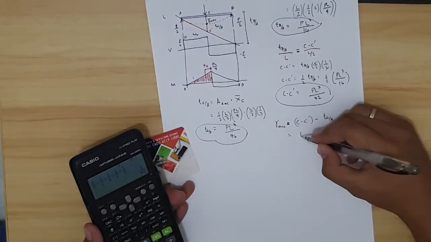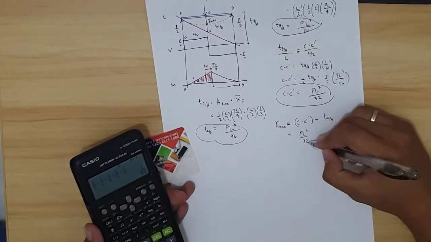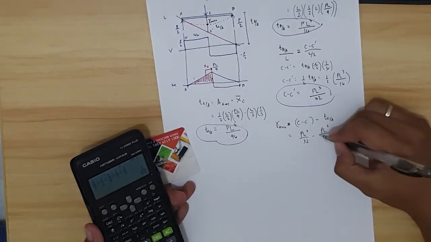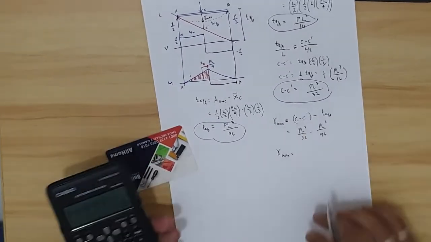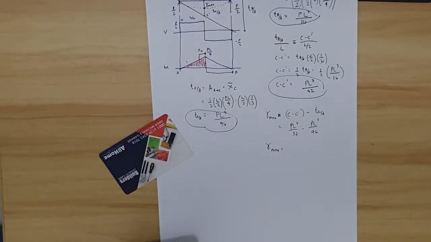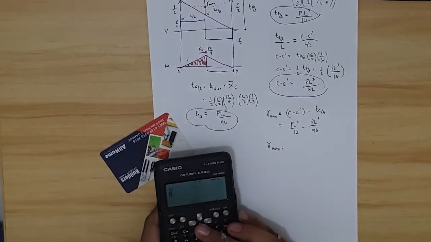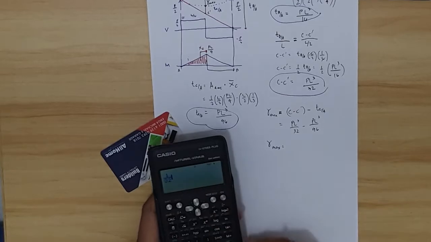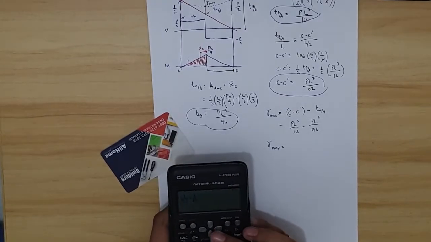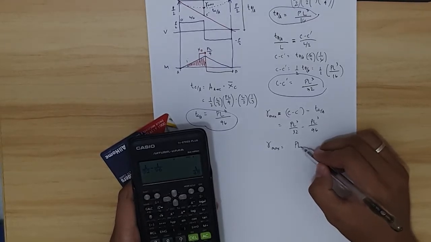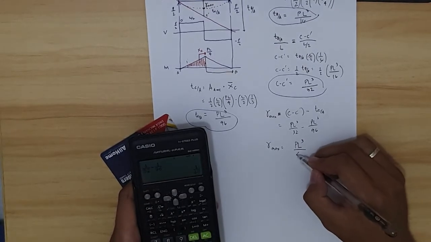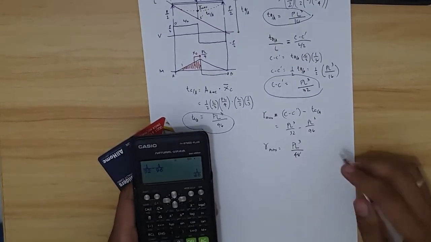The CC prime is PL cube over 32 minus PL cube over 96. So, pila ang maximum moment? I mean, the maximum deflection. That is 1 over 32 minus 1 over 96. So, that is PL cube over 48.